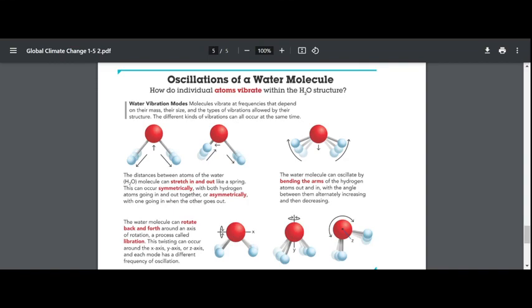So the water molecule can oscillate by bending. The water molecules can oscillate by bending the arms of the hydrogen atoms out and in, with the angle between them alternately increasing and then decreasing.